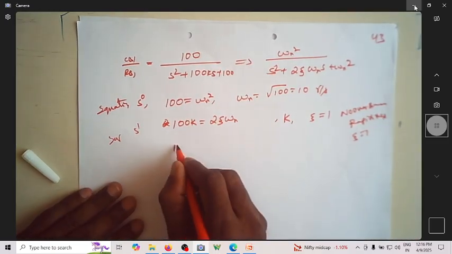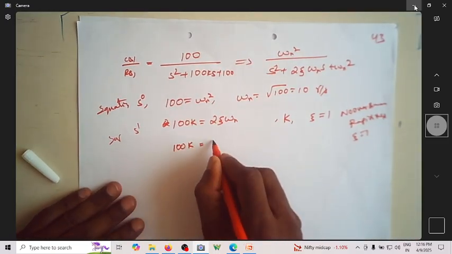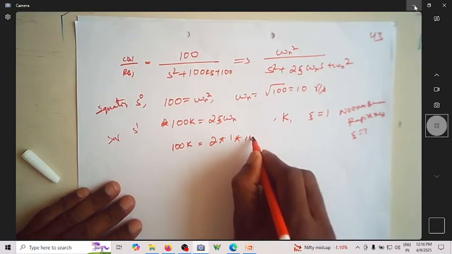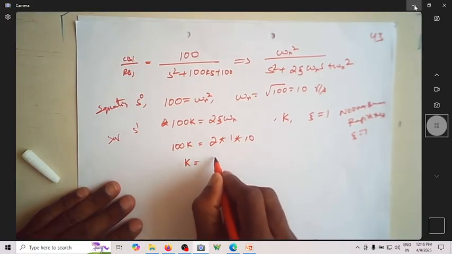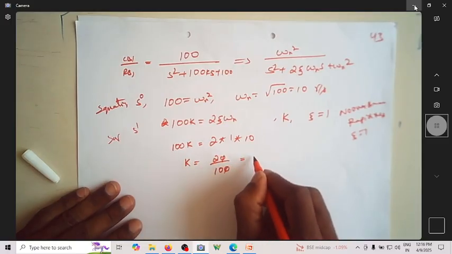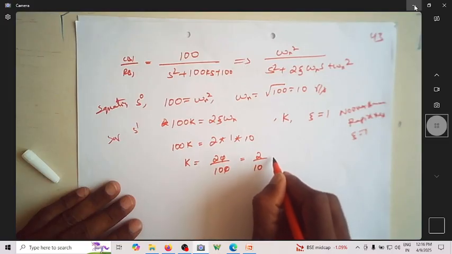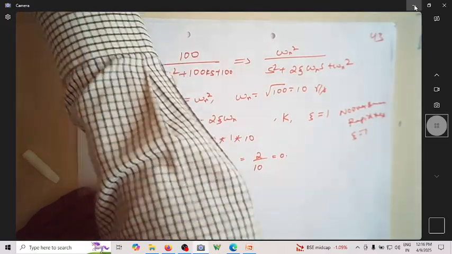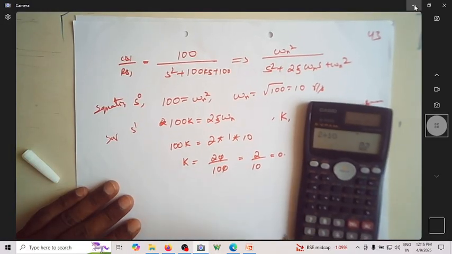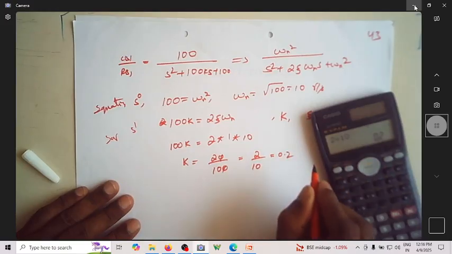So 100k is equal to 2 into 1 into 10. So what is k? K is now 20 by 100, so you have 2 by 10, which is, sorry, 0.2.